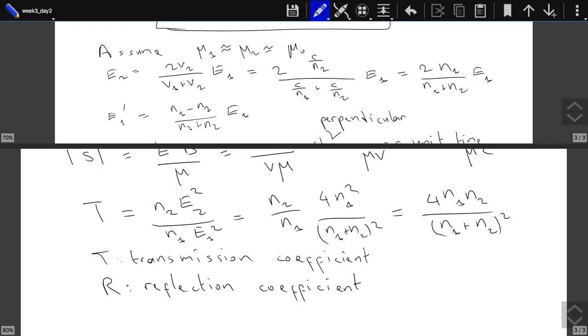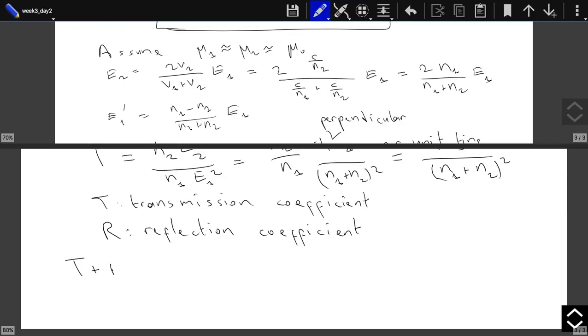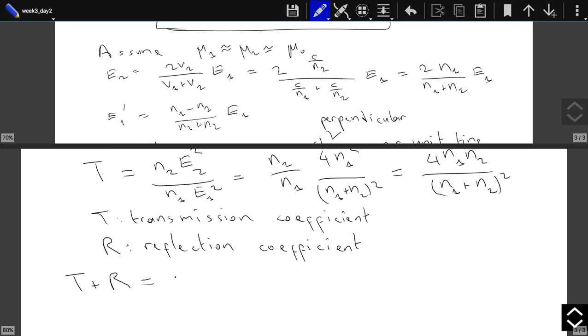Well, if energy is conserved, all of the energy that you send is either transmitted or reflected. So the total probability of transmission and reflection should be equal to 1. Let's check that. Transmission was 4 n1 n2 divided by n1 plus n2 squared.